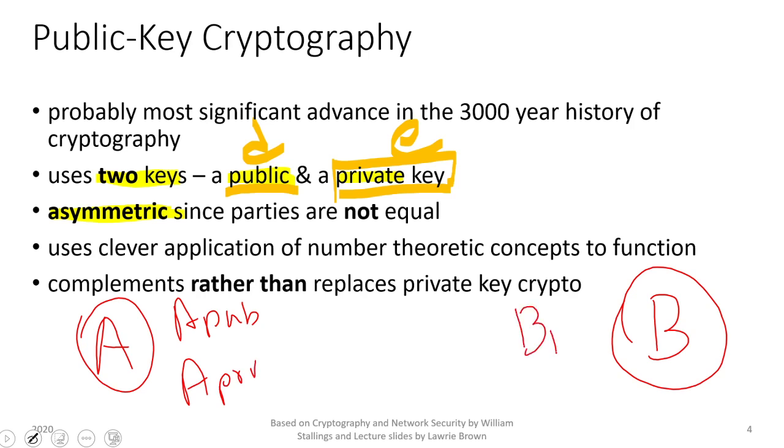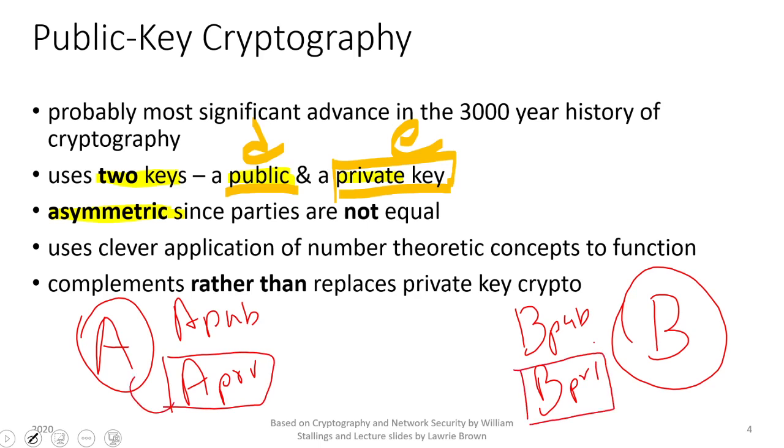Similarly, B would have a public key and B would also have a private key. Of these keys, the private keys will be locked and kept with that particular entity.